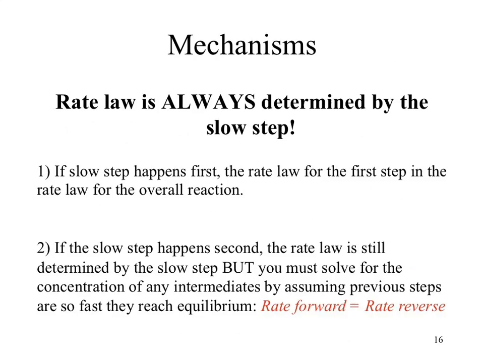You'd have to assume that earlier steps reached equilibrium. Once they're at equilibrium, we can then solve for unknown variables and plug stuff in. So we have to assume that equilibrium to be able to solve these. Questions about that?